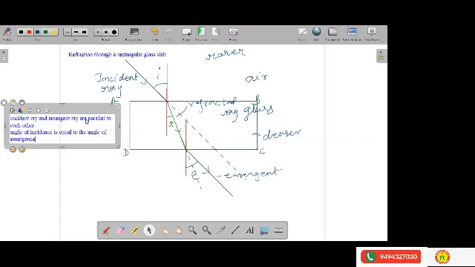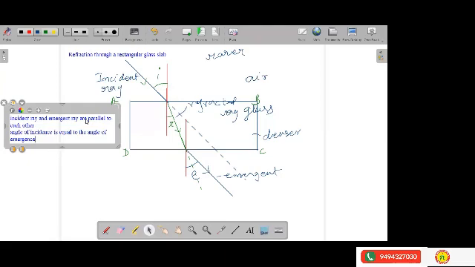Okay. So both these angles are equal, and that is why you will observe that the incident ray is parallel to the emergent ray. This is so because the glass slab is rectangular in shape. Had the glass slab not been rectangular, the incident ray and the emergent ray would not have become parallel to each other.